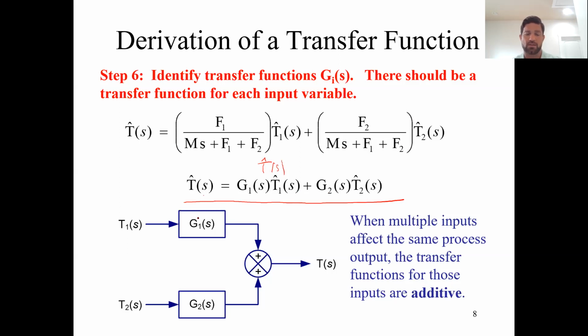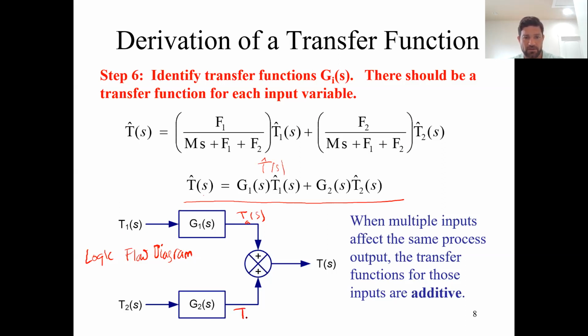We can represent that through this, like we talked about last time. This is the logic flow diagram. The way that we're expressing this is here is the one input times the transfer function. So this T1 multiplied by its transfer function is going to give us T sub A, the effect due to the first process.